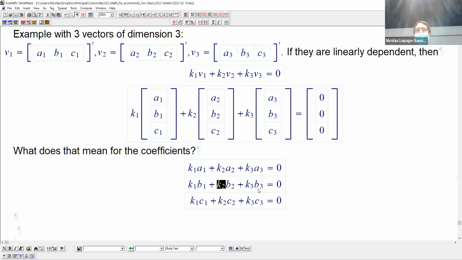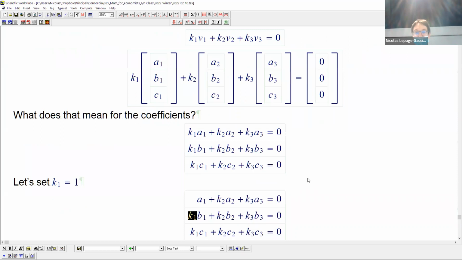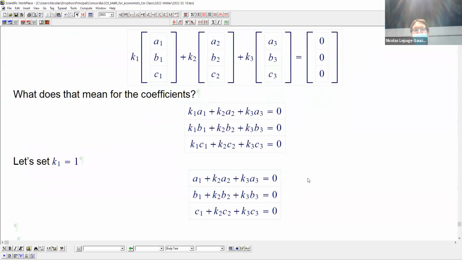So I don't really need it. K1 could be 1, because this is just some multiplication in front of each equation, and I could pretty much get rid of it already. So K1 equals 1. That's less complicated. I would just redefine what K2 and K3 are, but it wouldn't change the relation I have with them.